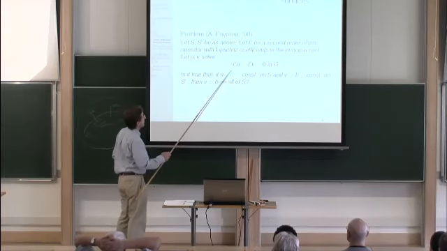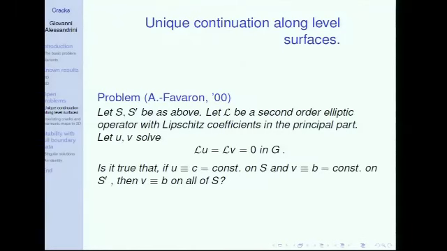And so we have two solutions. We have one regular surface on which one of the two solutions is constant. The second solution is constant on a smaller portion. Then we would like to know whether it continues to be constant on all of the surface.